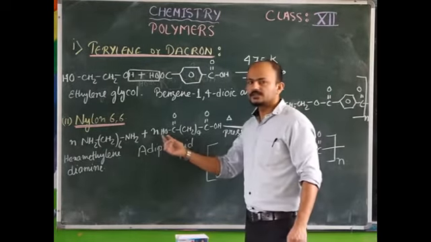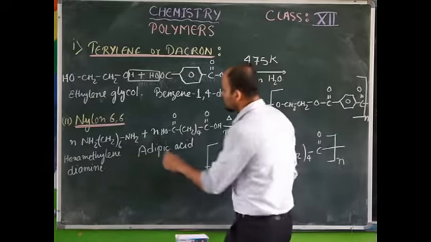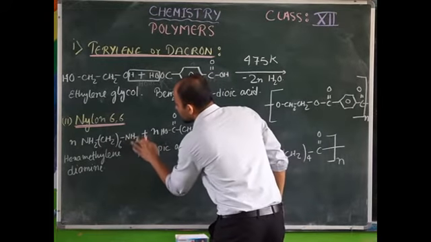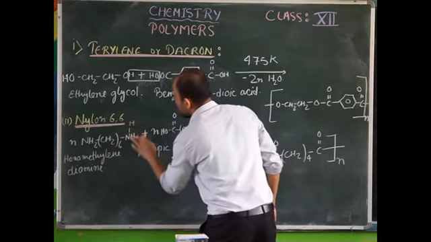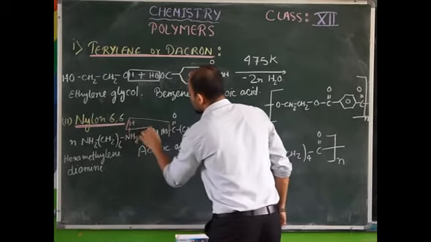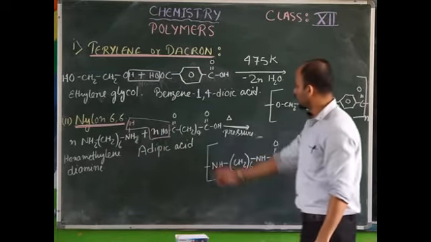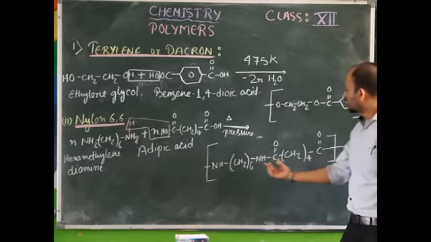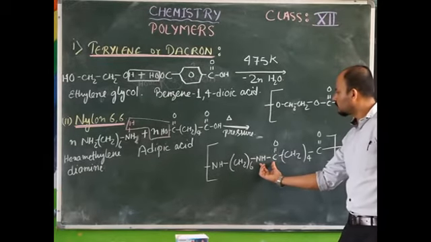Here also NH2 is present. This H from here and this OH will get eliminated as water. As a result, we have this NH-C double bond O bonding.